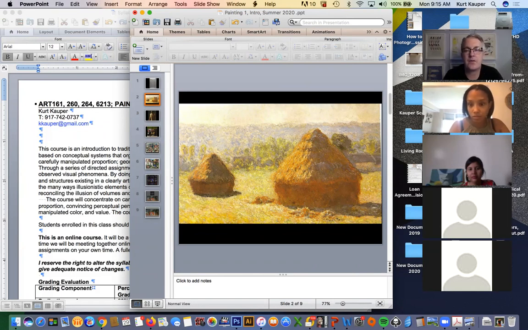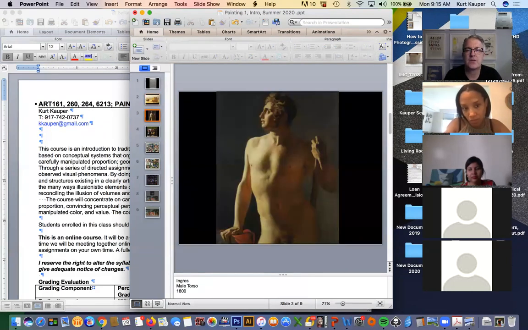This is a representational painting because it's representing something that exists outside of the painting. It's depicting or representing haystacks in the middle of the French countryside in the 19th century, right? That's a representation of a male nude.